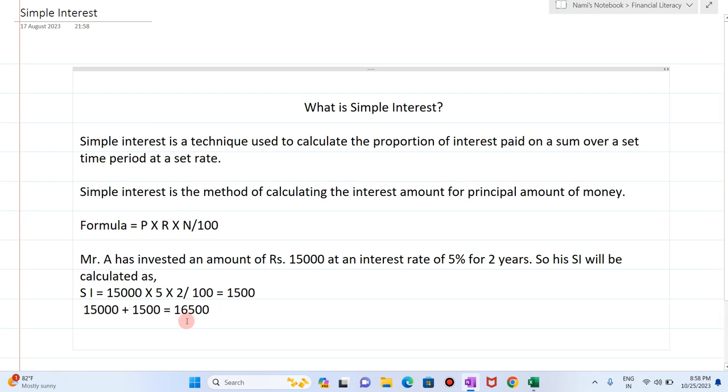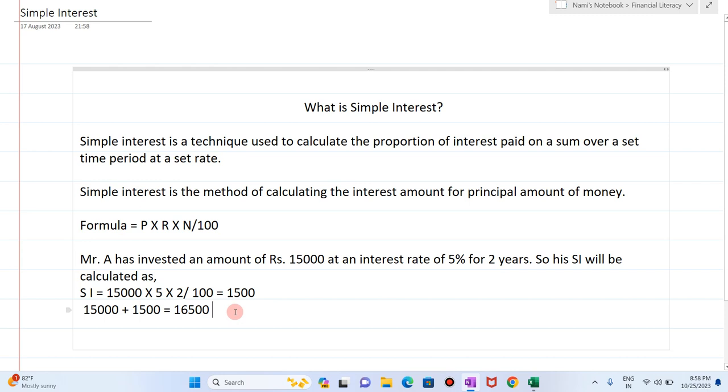So in total after 2 years Mr. A will receive 16,500 on his investment account. In this way you can calculate simple interest on an investment, or for example on a loan borrowed from the bank. So this is the meaning of simple interest.